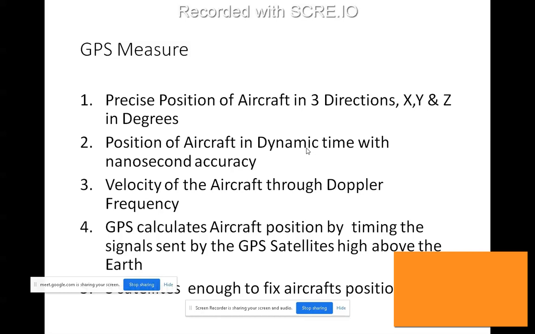With respect to change of time, the position of the aircraft will change, and based on that it will be located. The GPS system will measure with nanosecond accuracy. And then the velocity of the aircraft can also be measured through Doppler frequency. What is Doppler frequency?